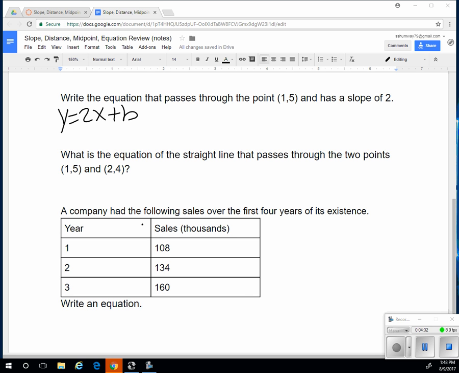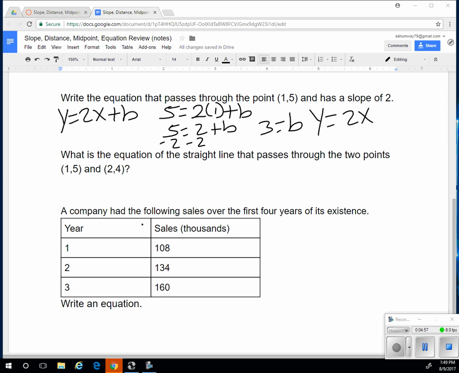We don't know what the y-intercept is, but we could plug in x of 1 and y of 5. So 5 equals 2 times 1 plus b. So 5 equals 2 plus something. Let's subtract the 2. Then I get 5 minus 2 is 3. So the equation is y equals 2x plus 3.